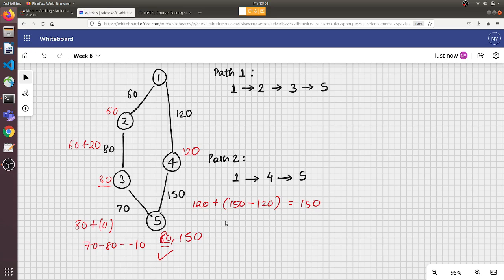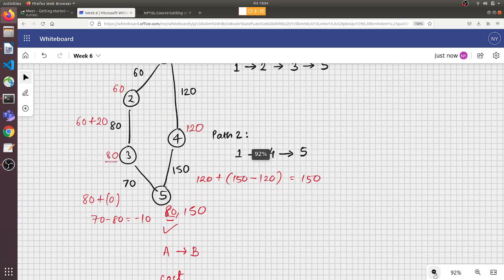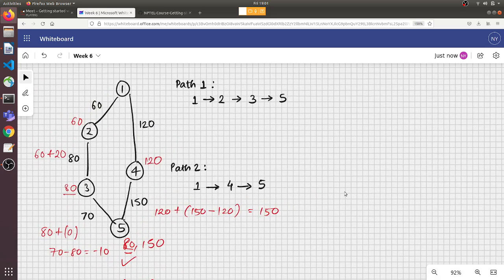When you're going from A to B, if fare A comma B is greater than cost of A, 1 to A, that is the amount you've spent to reach from 1 to A, then cost 1 comma B will be nothing but fare of A comma B.